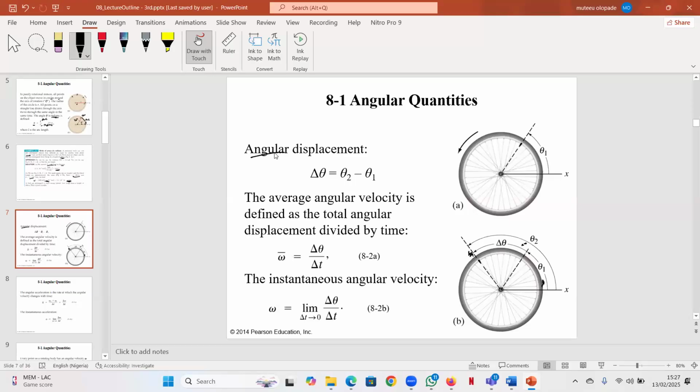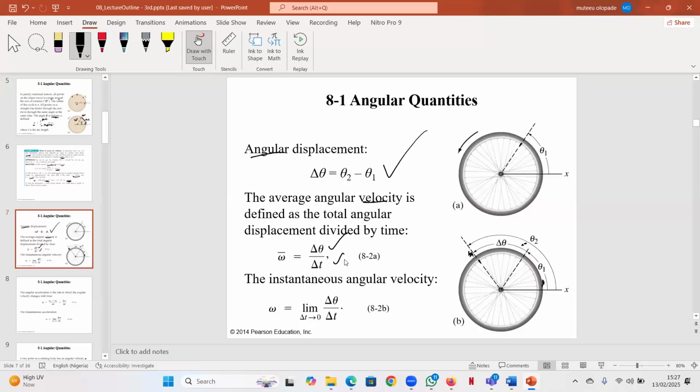The average angular velocity is defined as total angular displacement, because we are trying to find velocity. And velocity is distance over what? Time. So velocity is displacement divided by time. So displacement we have here, divided by time.